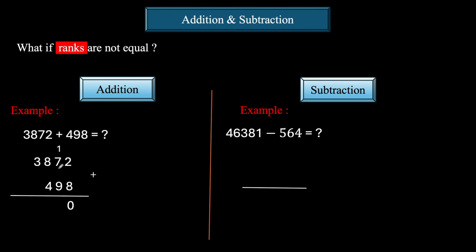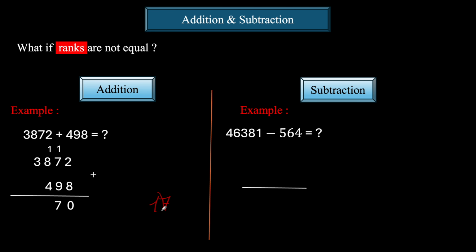Okay, then we have to make the addition of these 3 numbers. 9 plus 7 plus 1, we have 17. So we write 7 here and 1 here. Actually, I want to explain something about this. How do you know which to write here and which to carry? If you have 17, we write it like this.